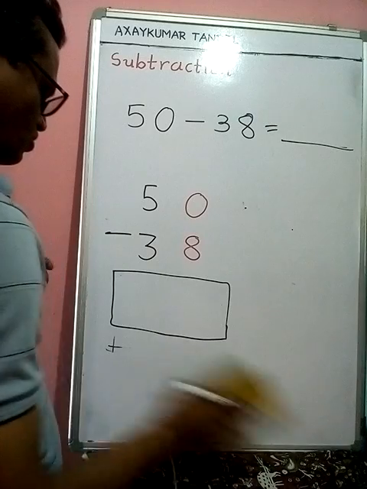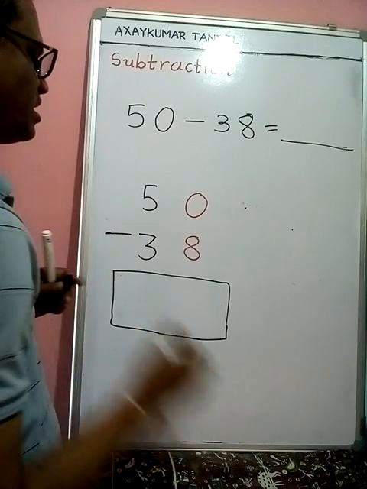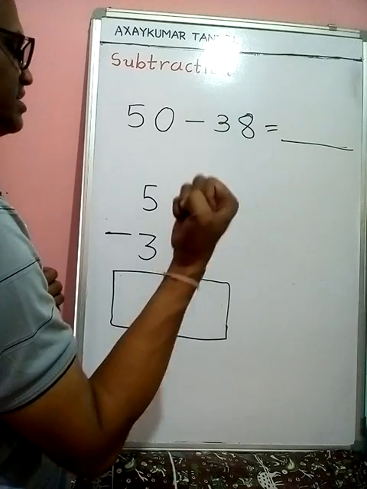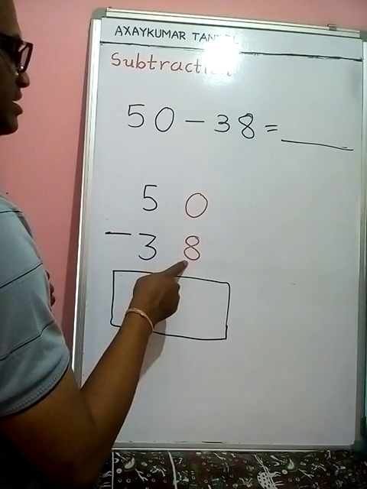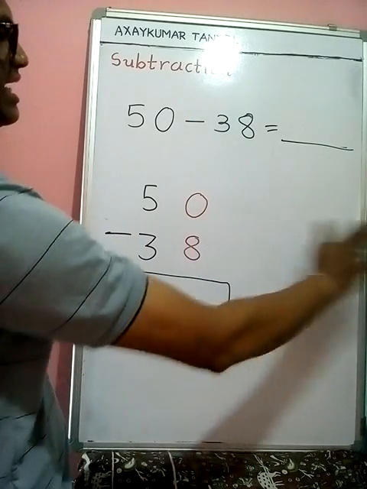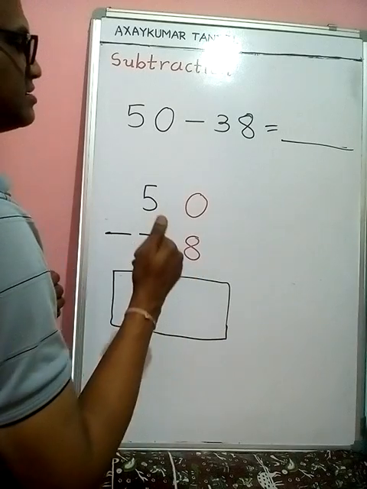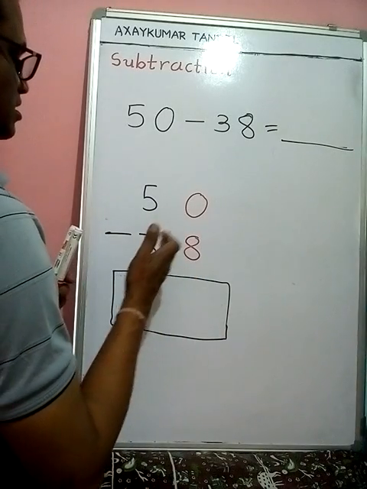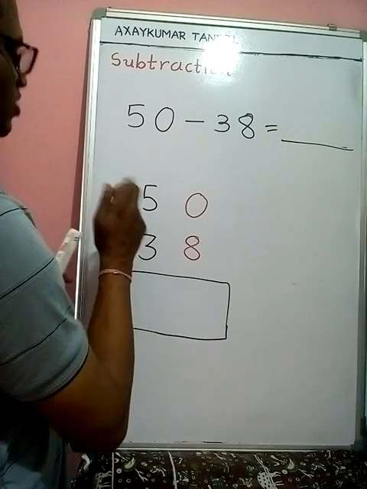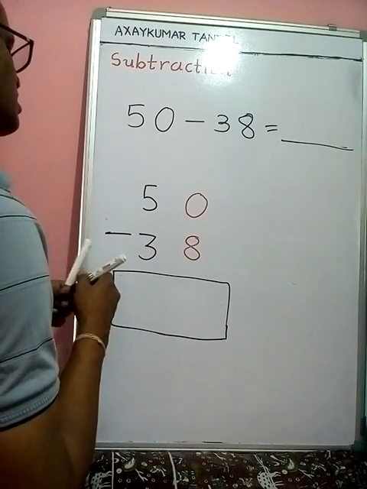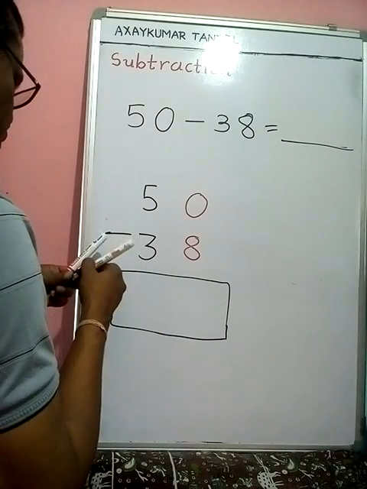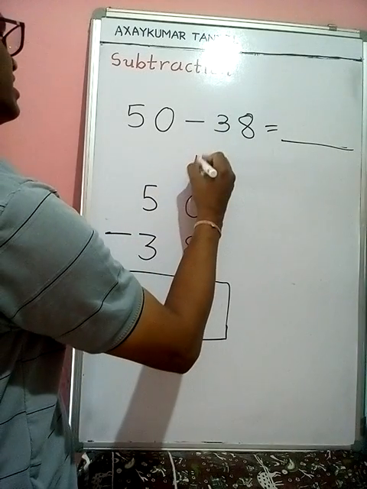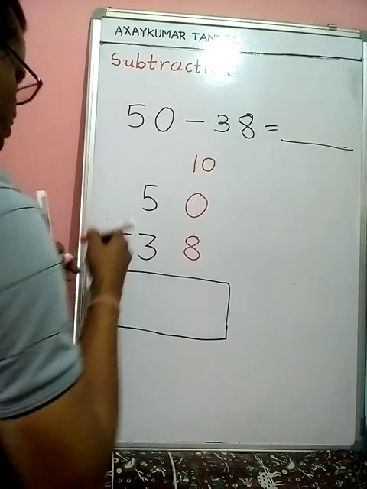We subtract column by column. Here is 0, which means empty. Cutting 8, we cannot cut any lines because here is no line. Therefore we require 1 ten from 5. 5 gives 1 ten to 0. We take 1 ten from 5.